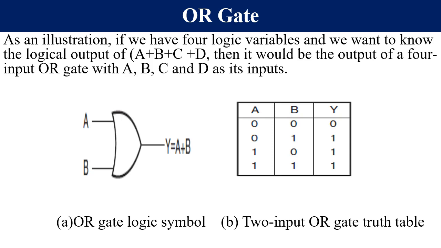If both switches are high, or if both A and B are 1, the output will be 1. That 1 stands for high, or it shows that the bulb will light if we refer to the analog circuit of an OR gate. So that's the truth table of a two-input OR gate.